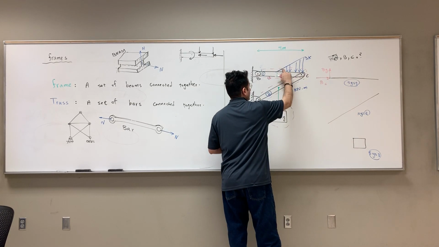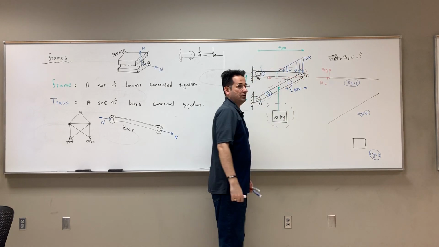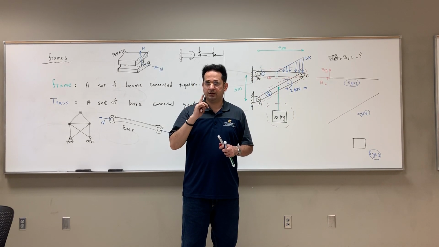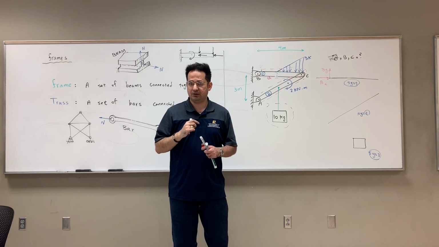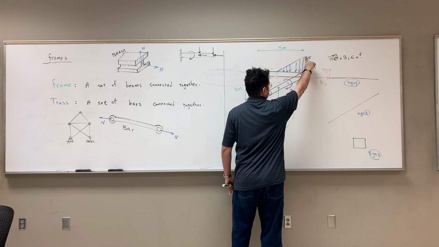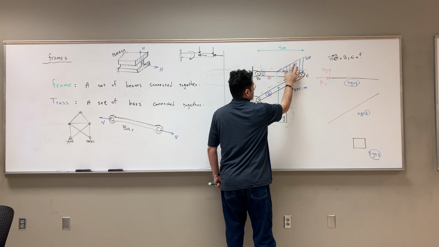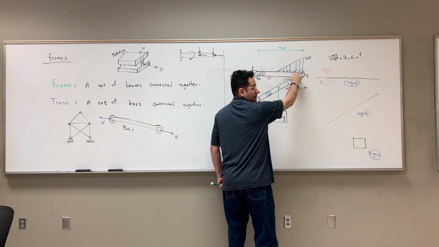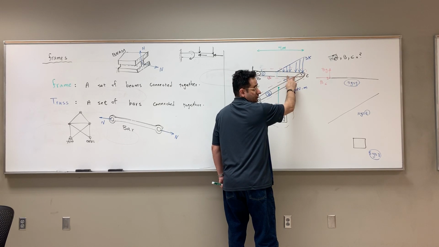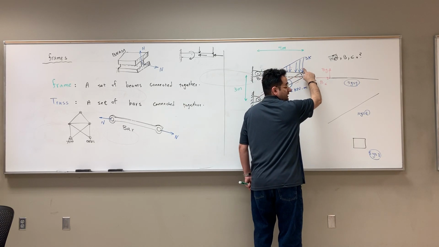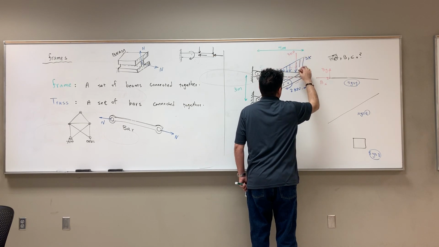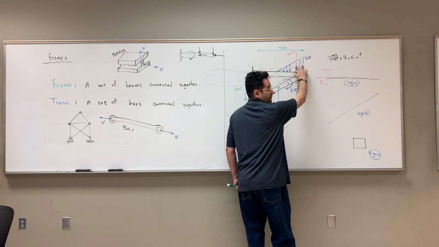Continue walking. Then you cut this guy. This is the load. Every time you see this load, what should I do? Replace it with point load. So the point load is going to be 3 times this base, which is 2. So 3 times 2, 6, divided by 2, 3. So it's going to be 3K, 3 kilonewton force, acting at 1/3 of this base.